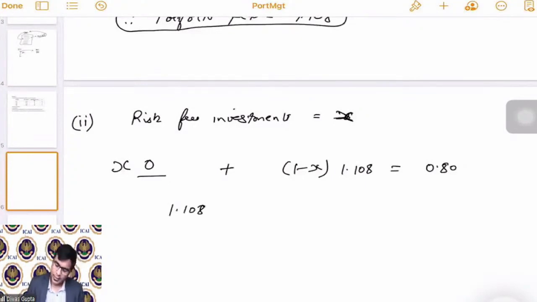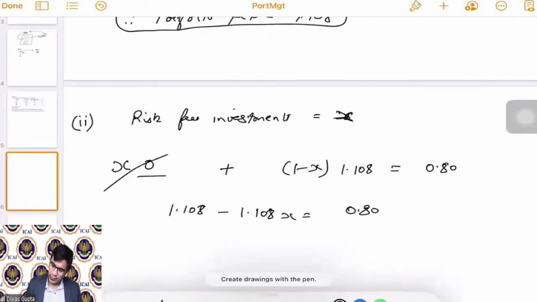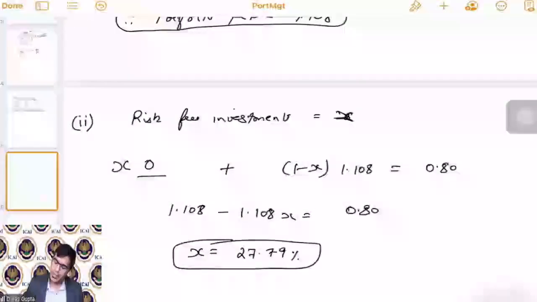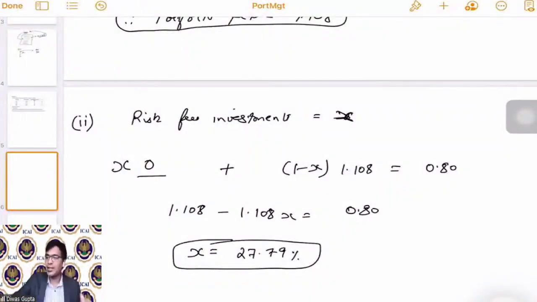1.108 minus 1.108x is equal to 0.80, because this will all be 0 only. Correct? Then x is equal to 27.79 percentage. Perfect, Jitendra, 0.